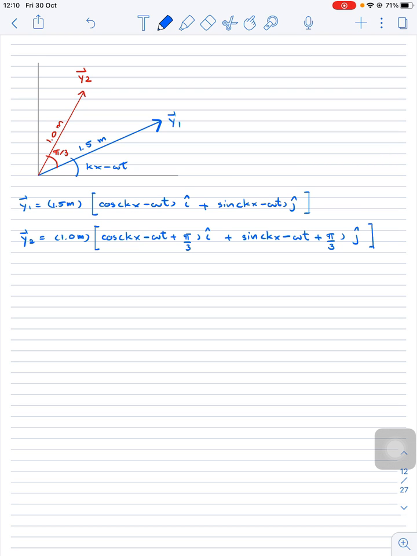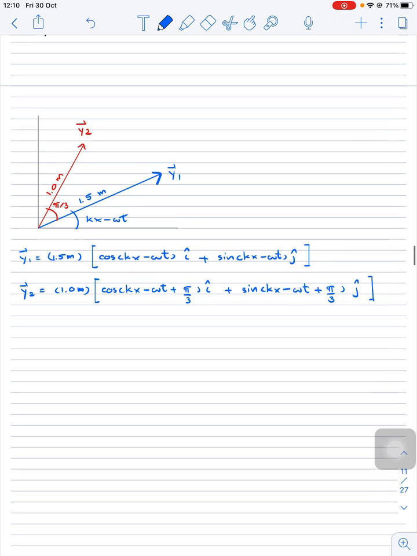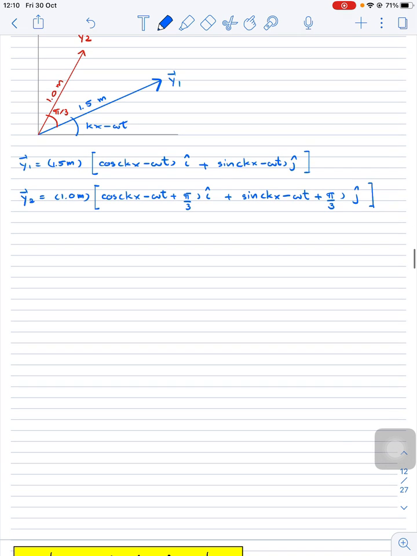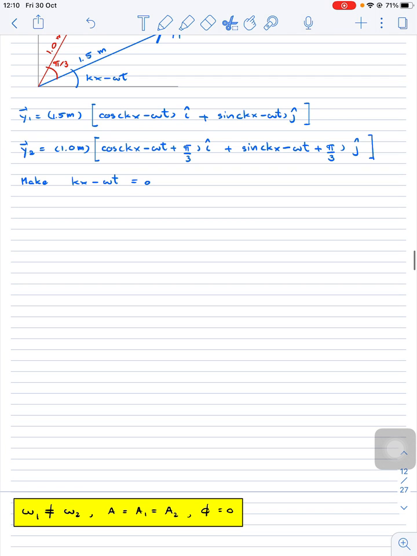Okay, so now we're going to simplify everything. As I just mentioned before, I'm going to make kx minus omega t equal to 0.